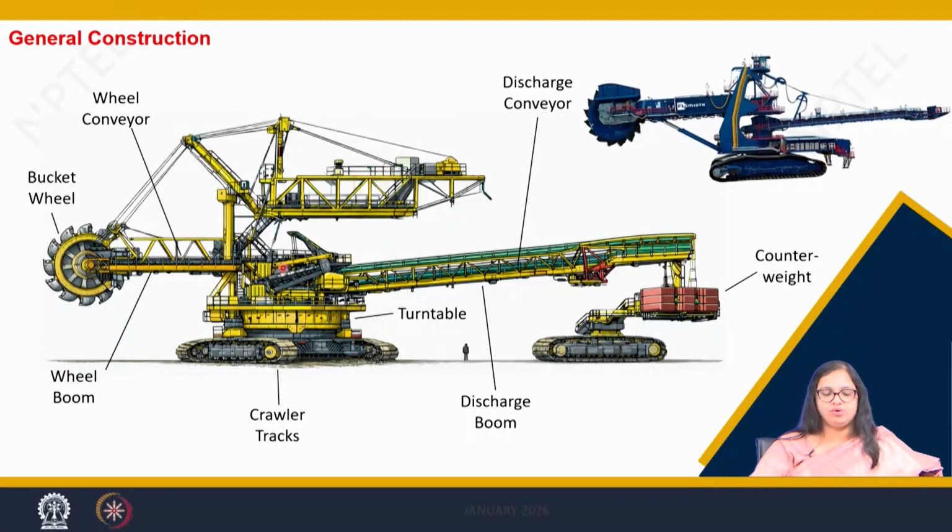So through the hoppers it gets transferred onto this discharge conveyor, and this discharge conveyor may be directly connected to the belt conveyor. It can directly dump onto the belt conveyor, or it can dump at a dumping site where the material is again collected by other auxiliary machines which can carry this material to the designated locations.